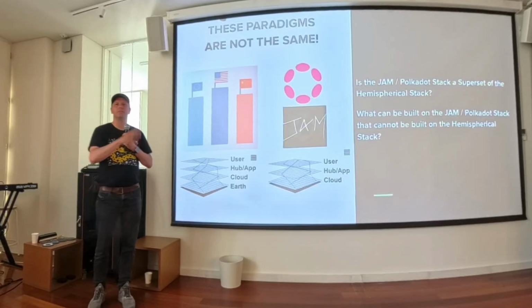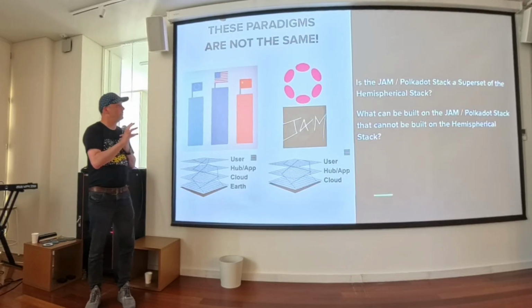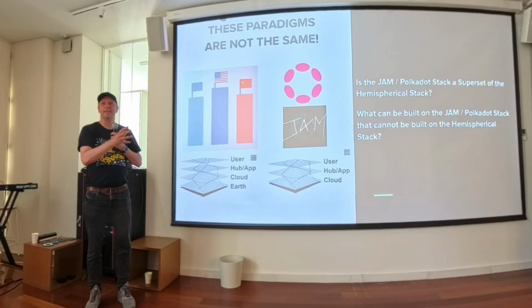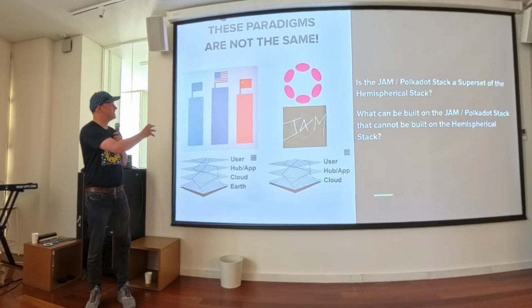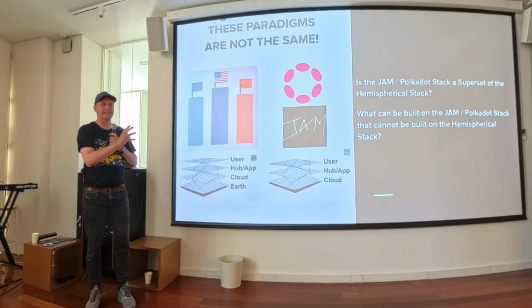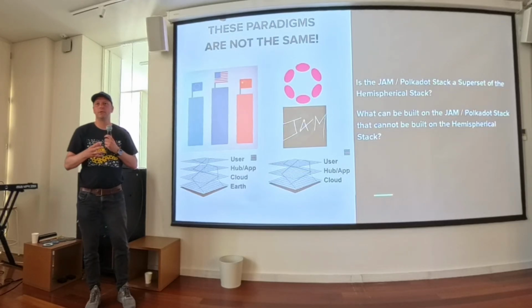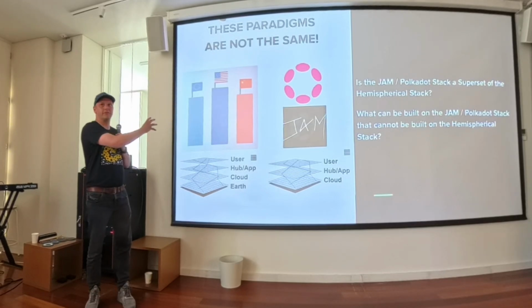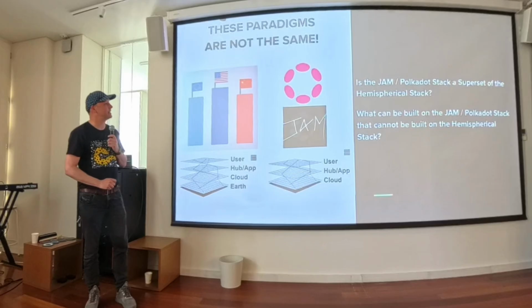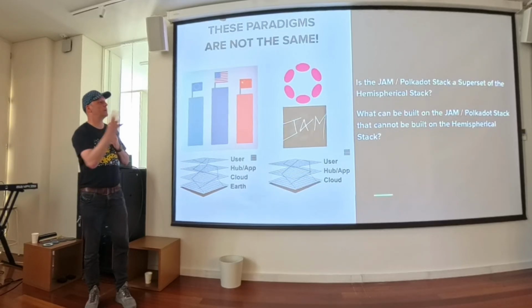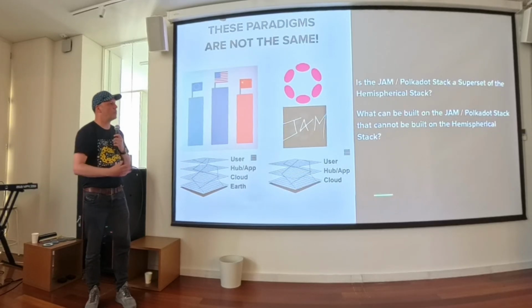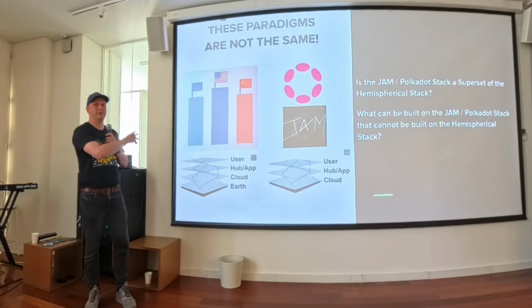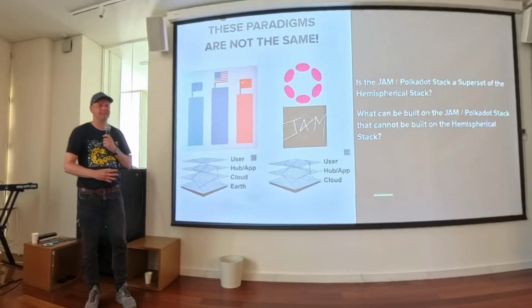And what does it mean if the Polkadot cloud is a superset of these hemispherical stacks? What does that tell us about the values we need to have? How can Polkadot and JAM be inclusive for all these other stacks, for example? And what can we build on this Polkadot and JAM stack that inherently cannot be built on hemispherical stacks?